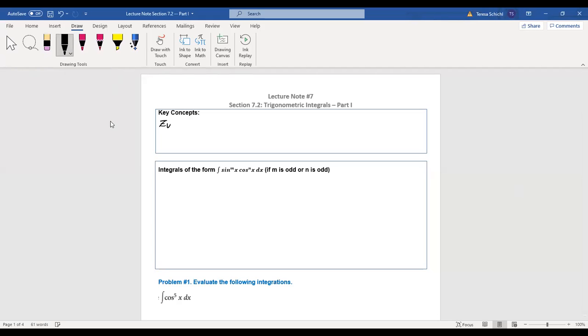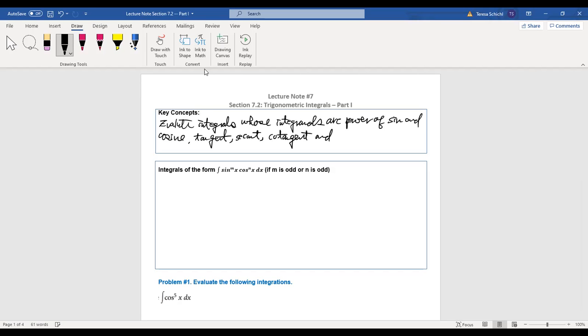Basically we want to learn how to evaluate integrals whose integrand is a power of sine and cosine, tangent and secant, and then cotangent and cosecant.